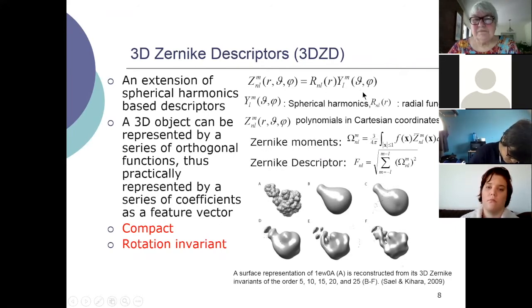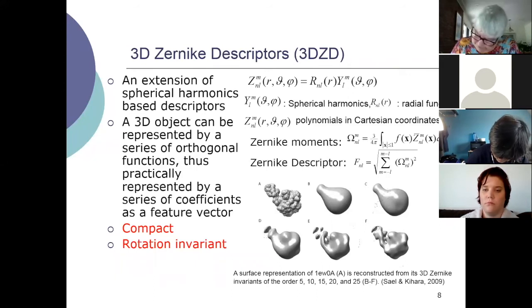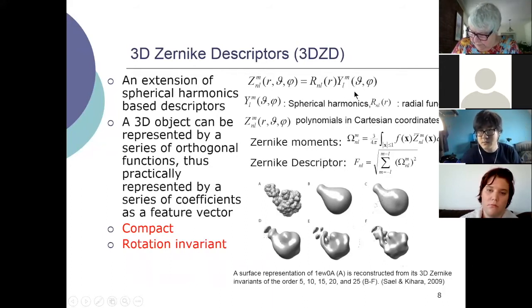So the function can represent, relative to the origin of the points, which in the case of protein structure we put at the center of the local surface, where the surface is located in different directions, theta and phi, and the distance from that point.